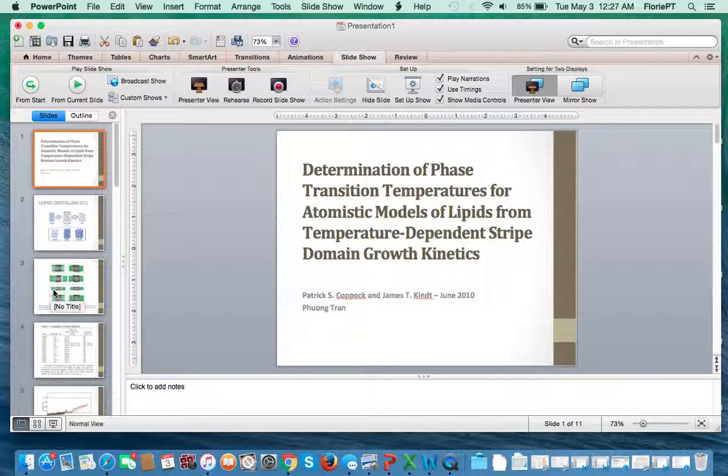The reason the stripe growth method gives a higher Tm than the annealing method lies in the stability of the gel phase. The stripe growth method is itself subject to several potential sources of error in calculating Tm.